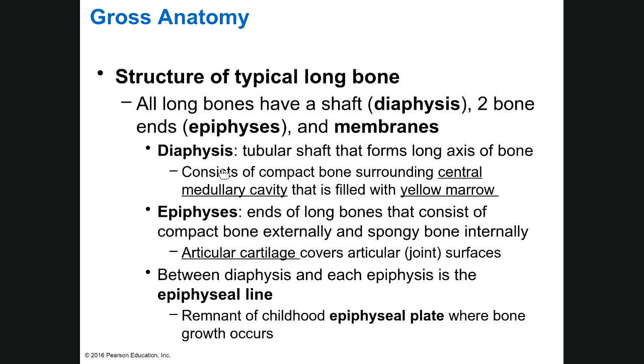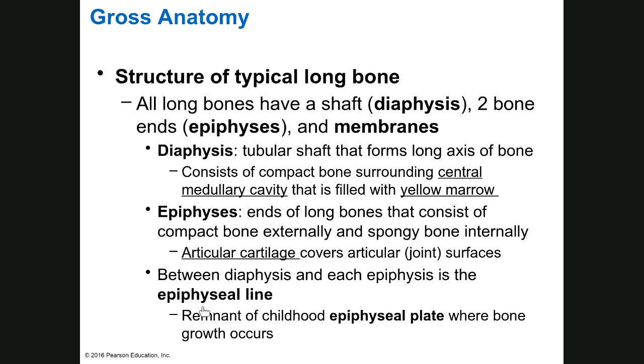So diaphysis: the yellow marrow is going to be existing in the diaphysis inside of the medullary cavity. The epiphyses are surrounded by hyaline or articular cartilage. And then I did mention the epiphyseal line. The epiphyseal line is going to be located between the diaphysis and each epiphysis.